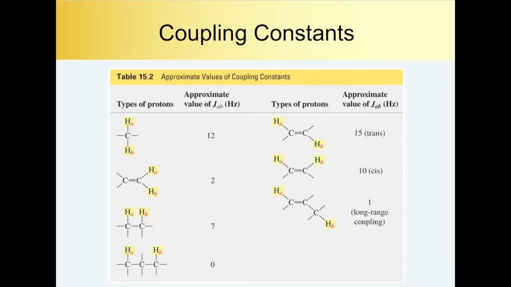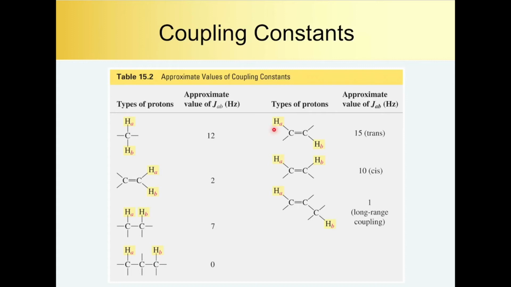Here is the table that gives the coupling constants for different protons, where you can see that two non-equivalent hydrogens present on the same sp3 carbon will have a coupling constant of about 12 Hertz. Whereas if they are present on an sp2 carbon, it's very small, about 2 Hertz.